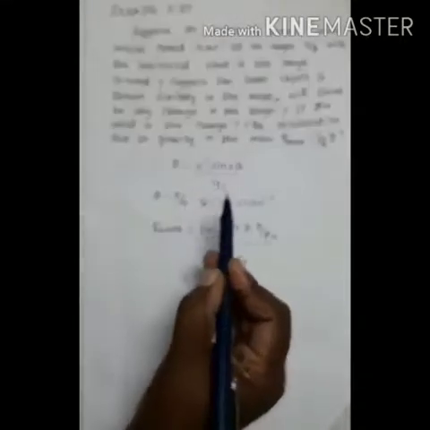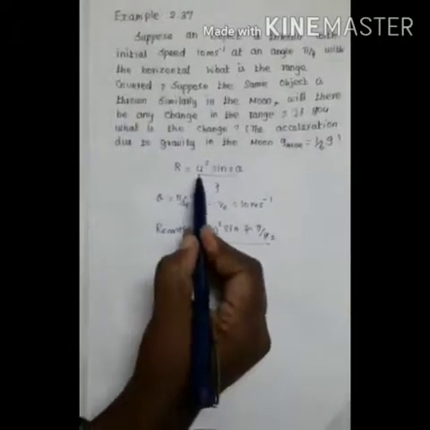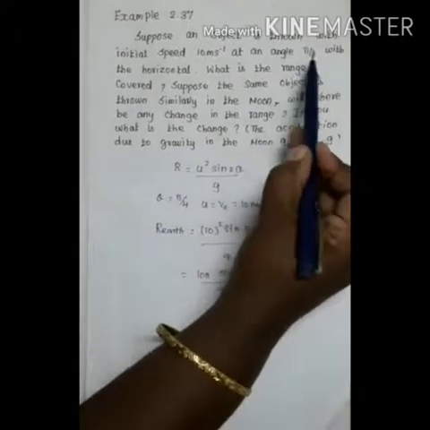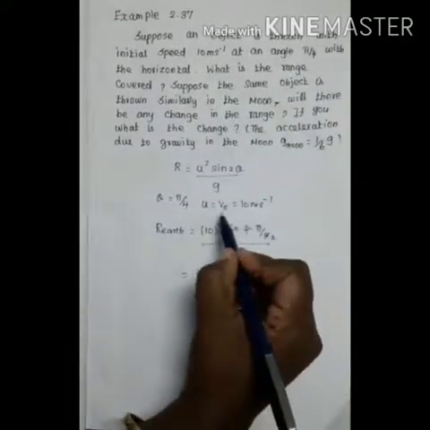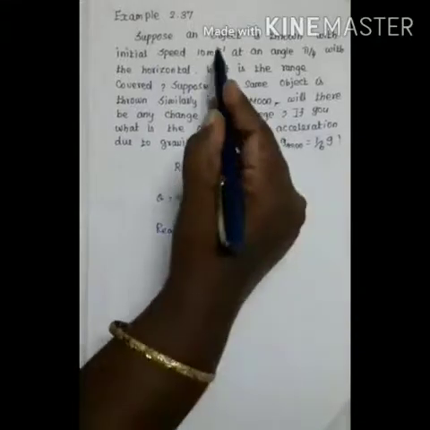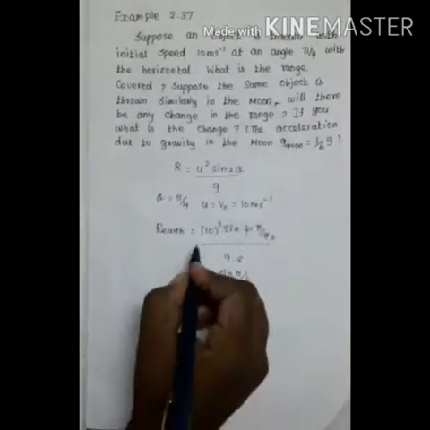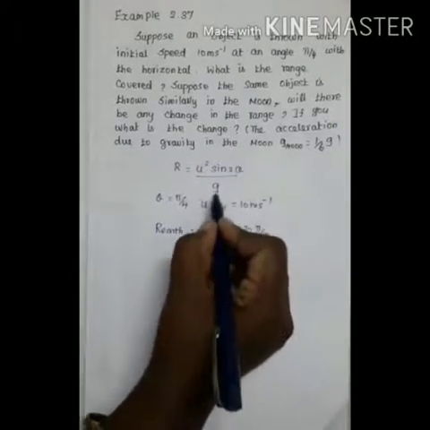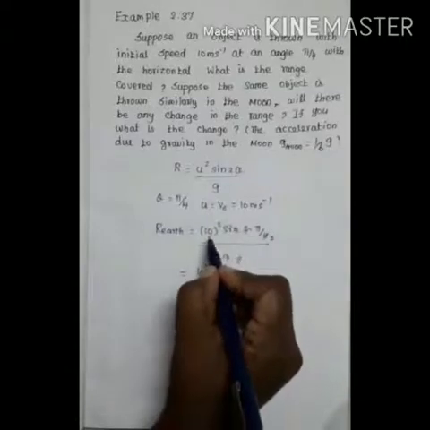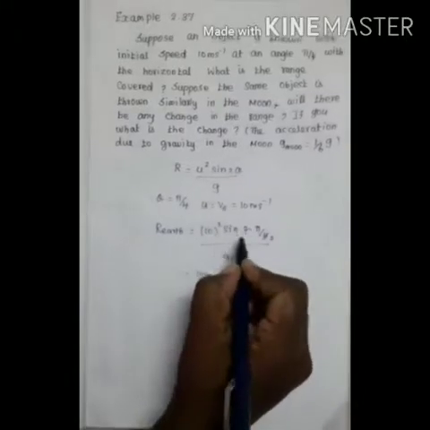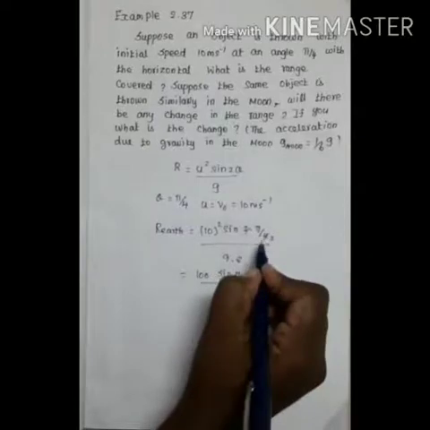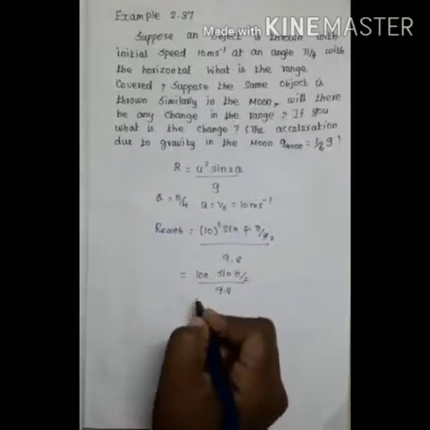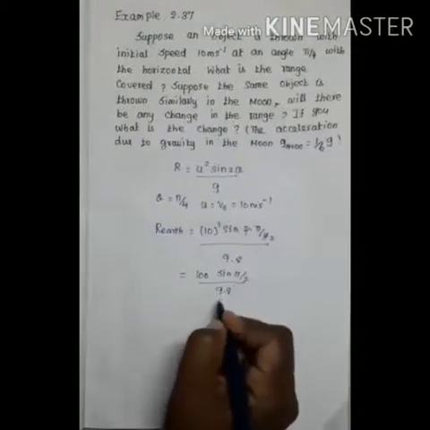In projectile motion, the range of the particle is given by R is equal to u square sine 2 theta by g. The theta value is equal to pi by 4 and u is equal to v0, that is 10 meter per second. Therefore, substituting in this equation, R earth is equal to 10 square sine pi by 2 by 9.8.